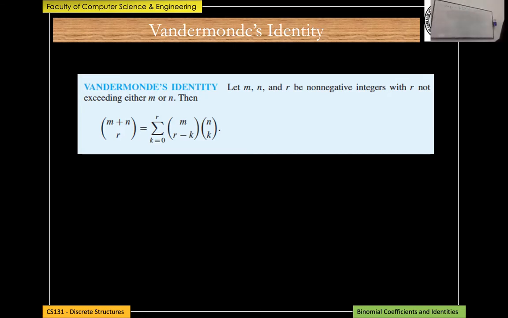Vandermonde's identity simply states that C(m+n, r) is equal to the summation from k = 0 to r of C(m, r-k) times C(n, k). This is Vandermonde's identity.